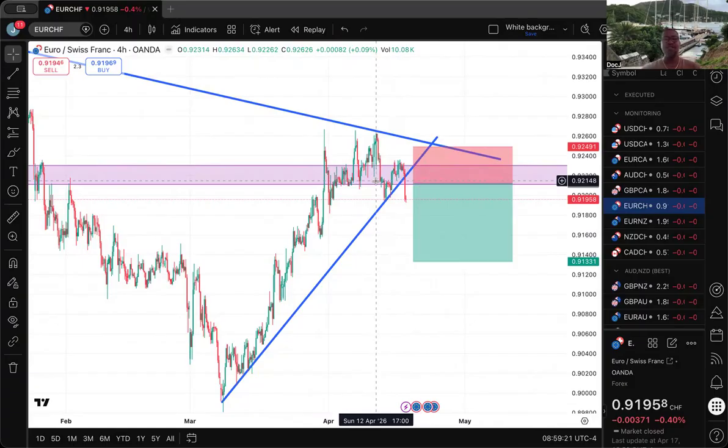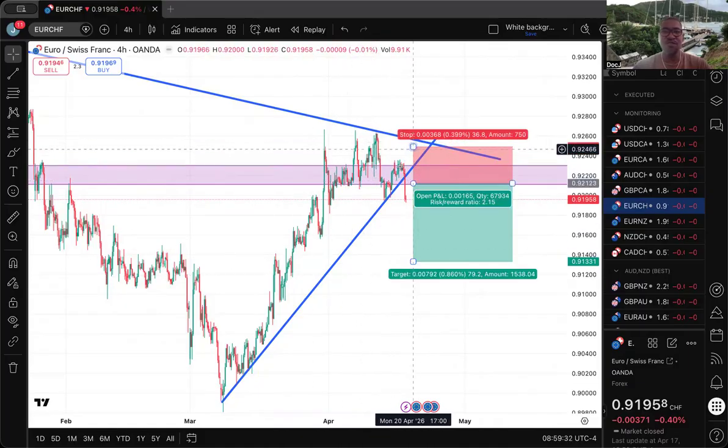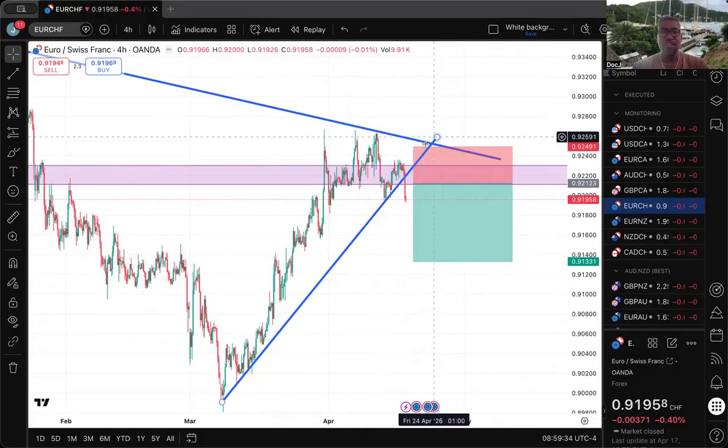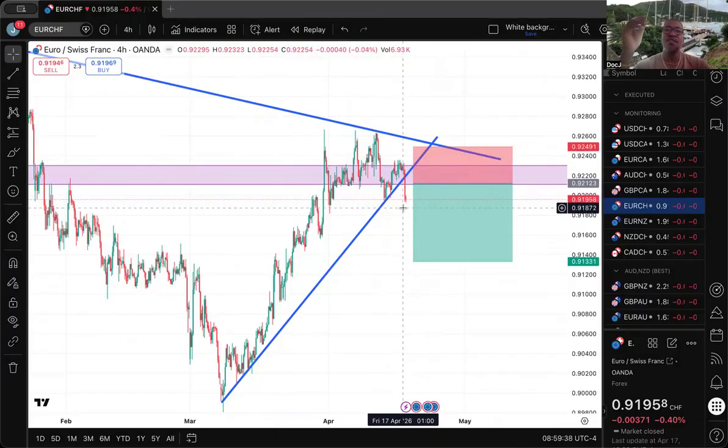And so what you want is for price to give you signs that it's going to change direction. And three things have to happen. The trend that it was previously following has to be broken. If it's going to be a sell, then price has to form a lower high and then a lower low.